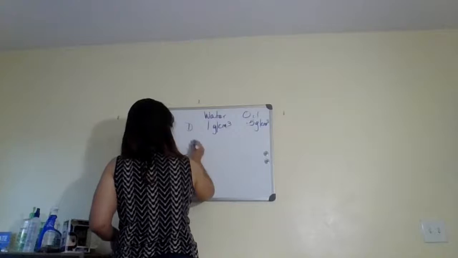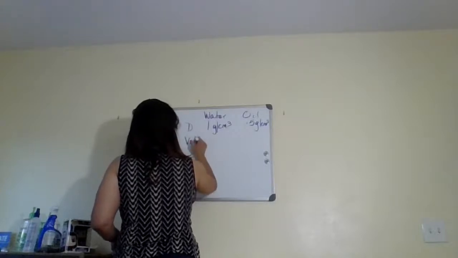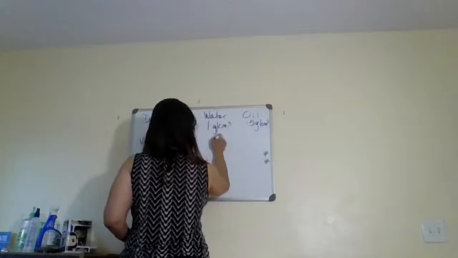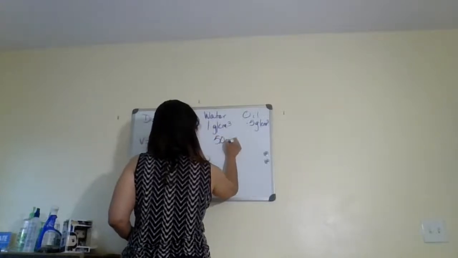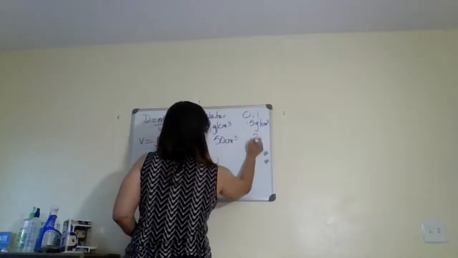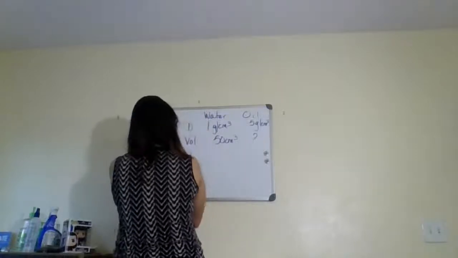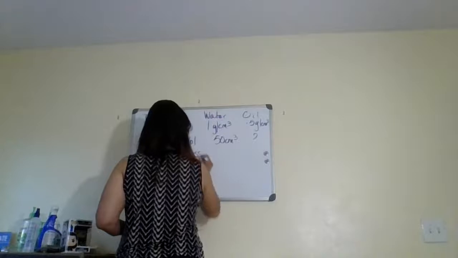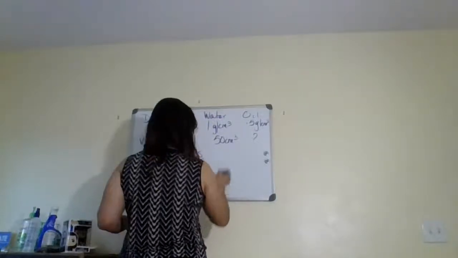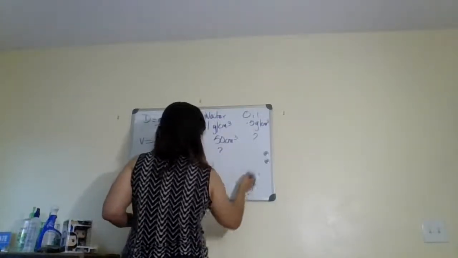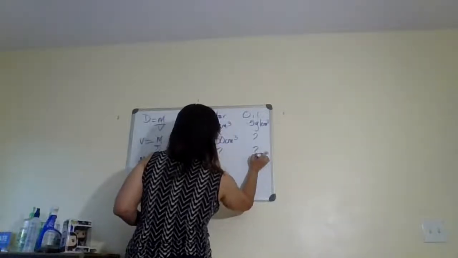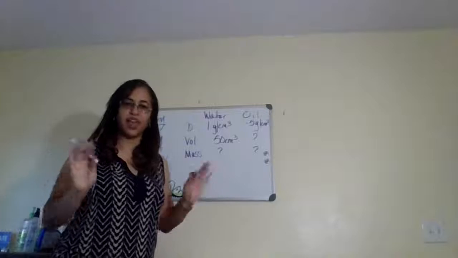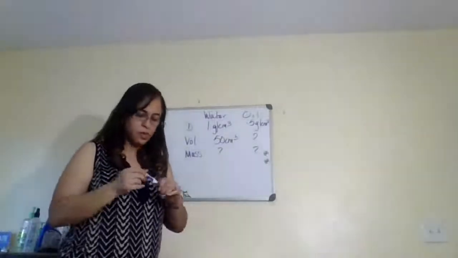The volume of the water was 50 cubic centimeters. The volume of the oil is unknown. The mass of the water is, for now, unknown, and the mass of the oil is unknown. So that's how we go into the problem.